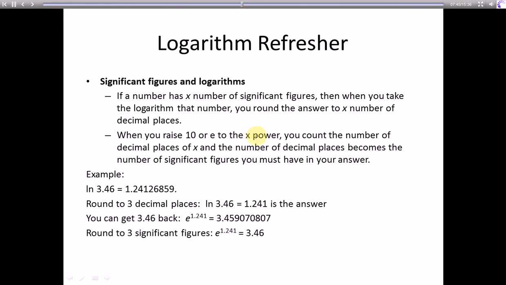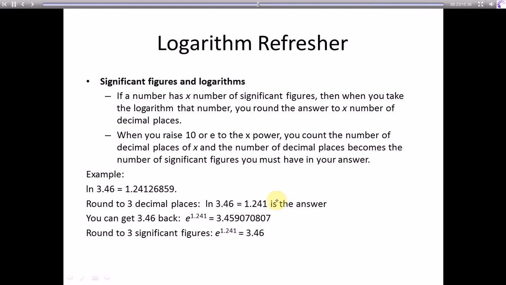If x has a certain number of decimal places, you type x into your calculator, press the e to the x button, and then round the result. That number needs to have the same number of significant figures as the number of decimal places in x. And continuing on in this example, we took the log of 3.46 and rounded it to 1.241.